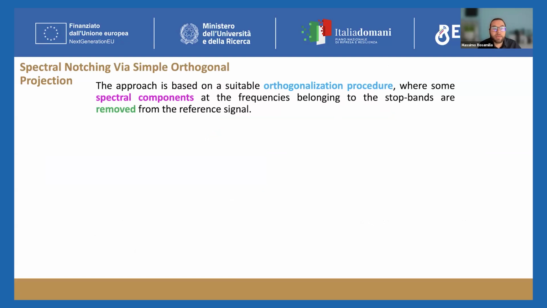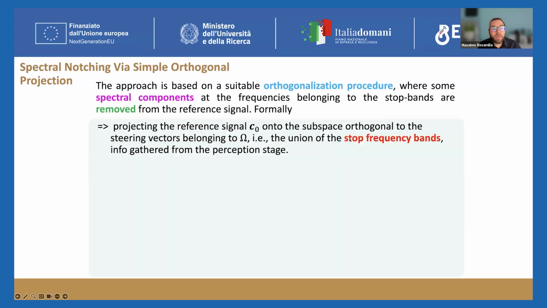Regarding this last approach, it is, as said, based on an orthogonal procedure where some spectral components at the frequencies belonging to the stop bands are removed from the reference signal. Formally, this means projecting the reference signal C0 onto the subspace orthogonal to the steering vectors belonging to omega, which is the union of the stop frequency bands, information gathered from the perception stage.